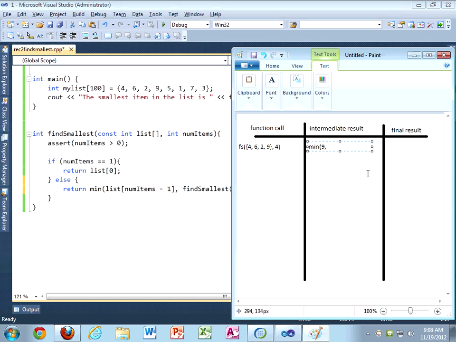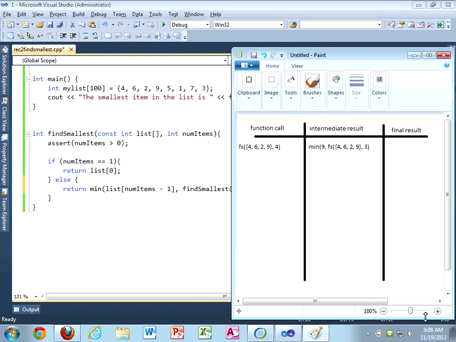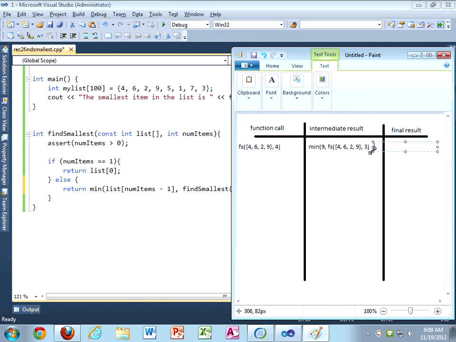That makes sense to everyone? Okay. And find smallest 4, 6, 2. I guess actually that's not going to change, huh? What's going to change is num items. That make sense? The intermediate result is the minimum of 9 and the result of this function call here. So I'm actually missing a closed paren.